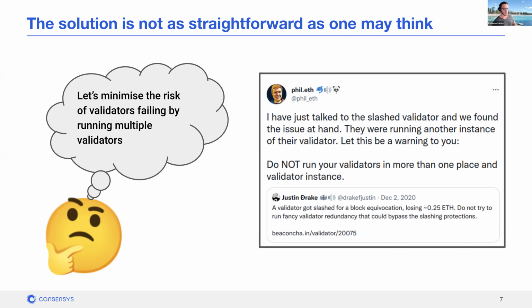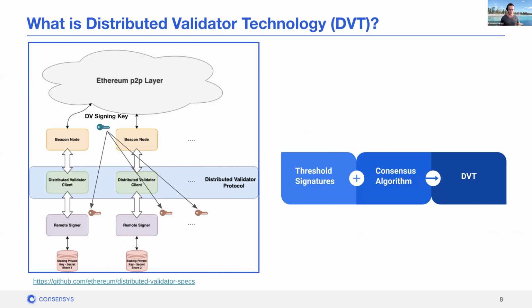This is what the distributed validator technology protocol addresses. This is the problem. And to be clear, this is a protocol that we didn't design; it was designed by the Ethereum Foundation. And the basic idea is to create a middle layer here, which is called distributed validator, which is represented by the distributed validator clients, which connects the beacon node and the remote signer.